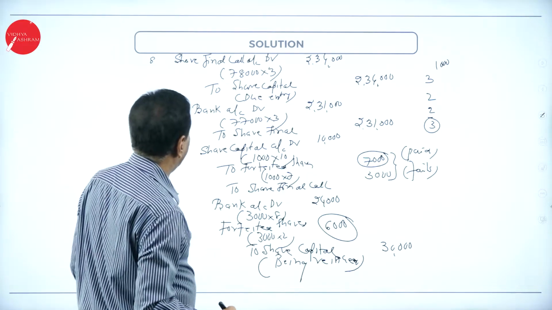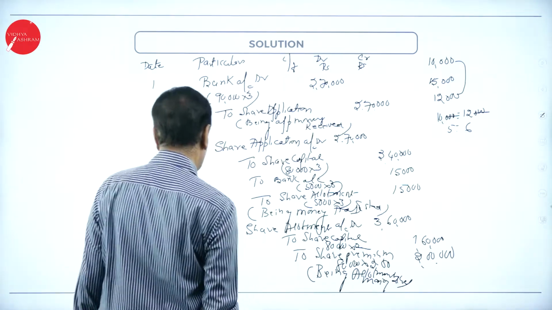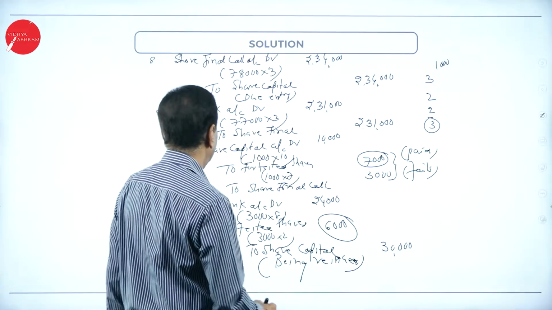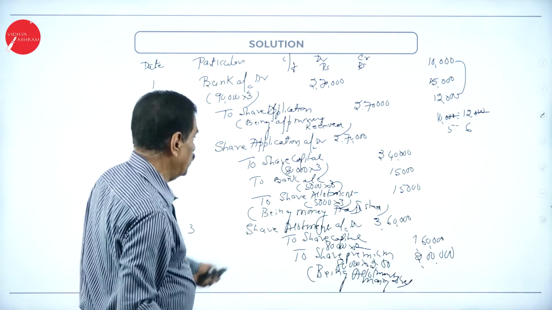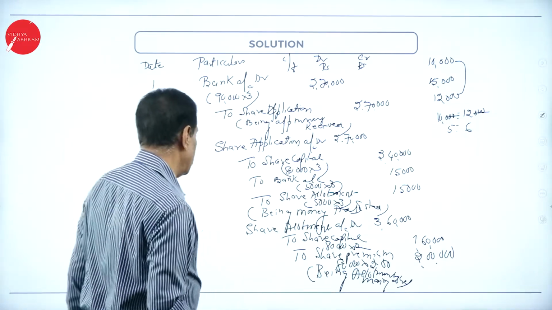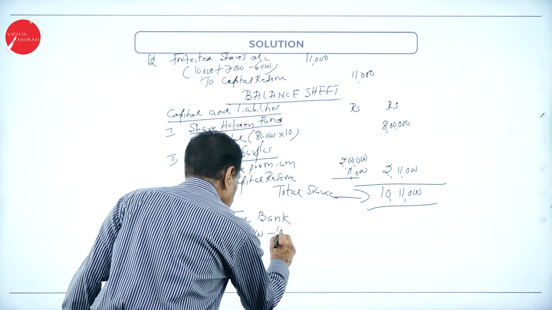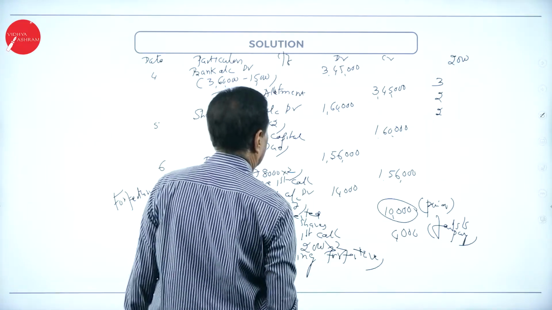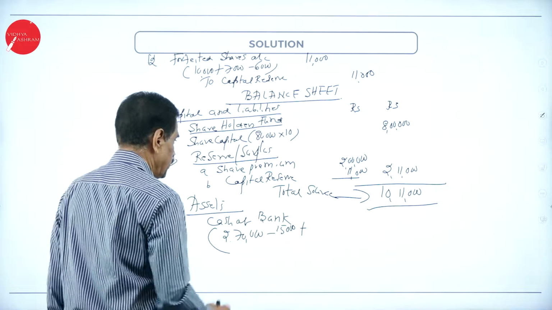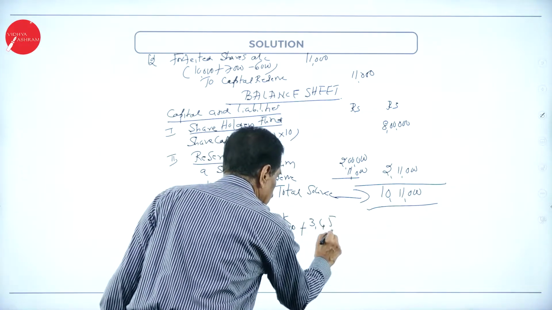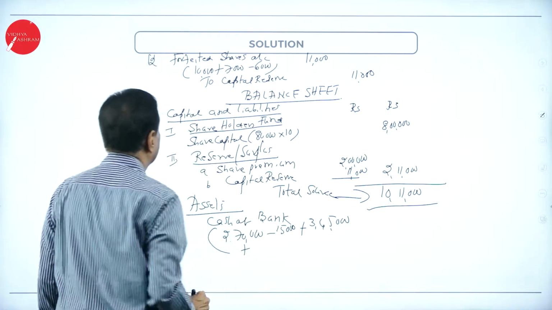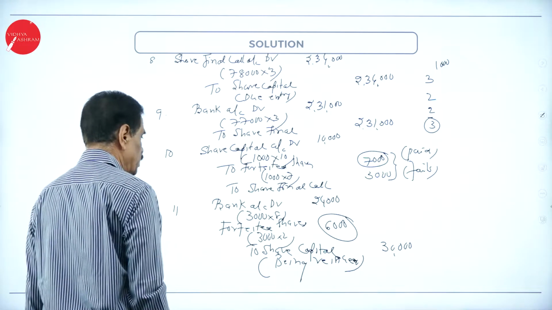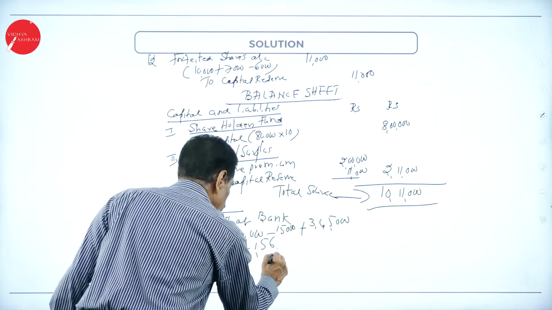If you go one by one, where is the bank account? First entry, 2,70,000. Then come back here. Second entry, share application to share capital, to bank account, minus 15,000. Third entry, bank account debtor to share allotment, 3,45,000. Then come back to first call, bank account debtor to share first call, 1,56,000.